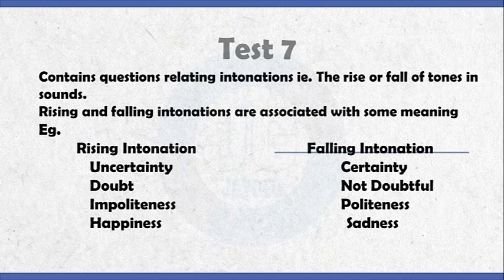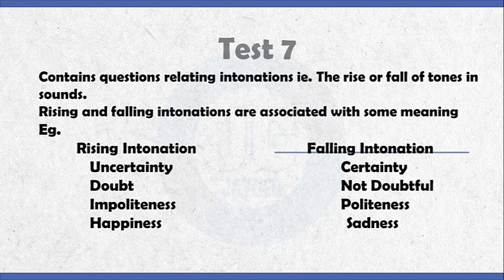Test 7. This test deals with intonation, that is, the rise and fall of tones in words. Certain meaning can be derived from statements, depending on the intonation, whether it's high or low. Rising intonation is associated with the following: uncertainty, doubt, impoliteness, happiness. Falling intonation, however, is associated with the following: certainty, not being doubtful, politeness, and happiness.